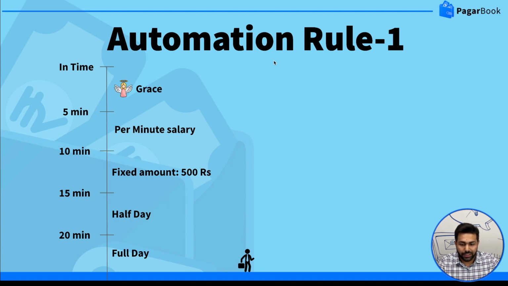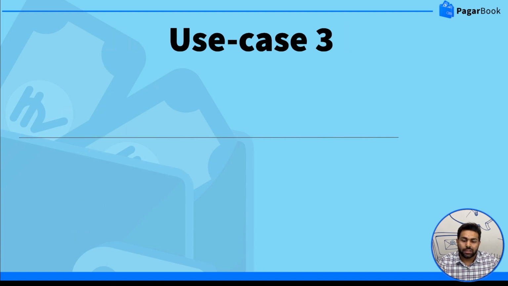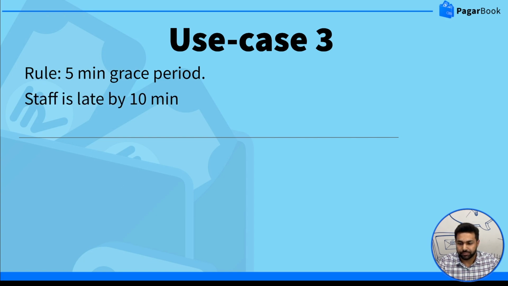Now there is another use case. Let's take an example that here we have a rule of 5-minute grace period and staff is late by 10 minutes.